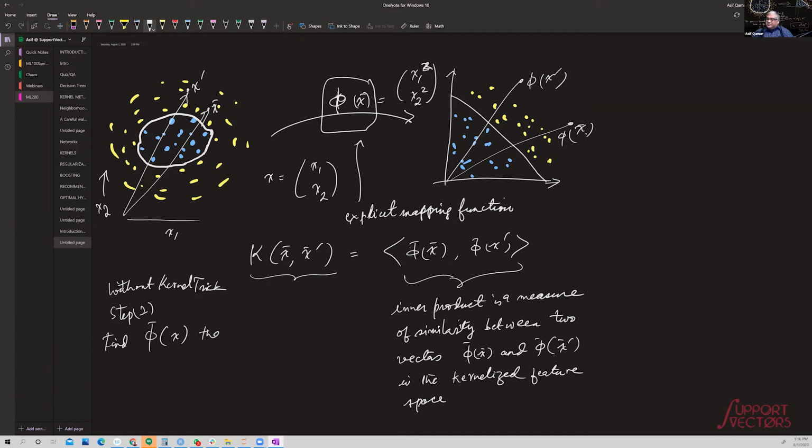That serves the purpose of creating linearly separable classes. Then use it to solve the problem, essentially a maximal margin hyperplane problem, right?